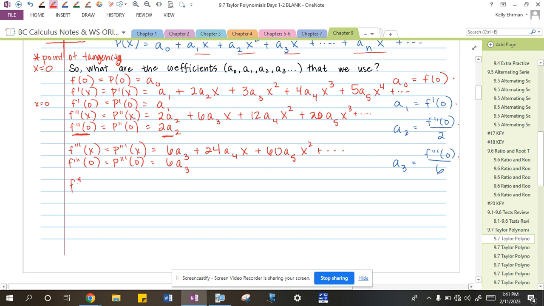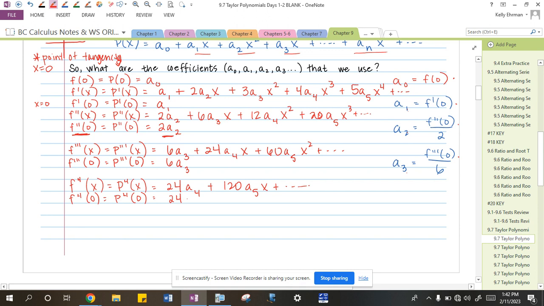Fourth derivative, notation for that is we're done with tick marks. We just write a little 4 up there. Fourth derivative of f matches fourth derivative of p. Constant term goes away, and now we've got 24 a sub 4 times 1 plus 120 a sub 5 times x, etc. Evaluate at 0 because that's the point of tangency where the two functions are equal to each other.